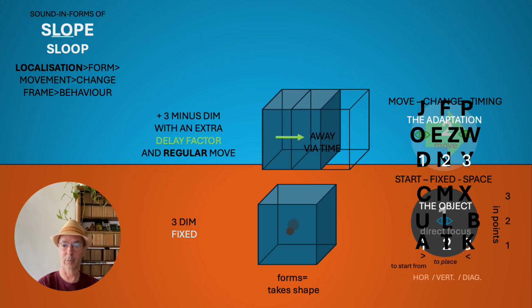Then the next letter is the O, so we go from L to O. Let's have them separately first. The O is in the second category. It moved away from my focus and it's moved away via time, in a regular sense, going away from me in a horizontal sense, going away via time onto the time process.